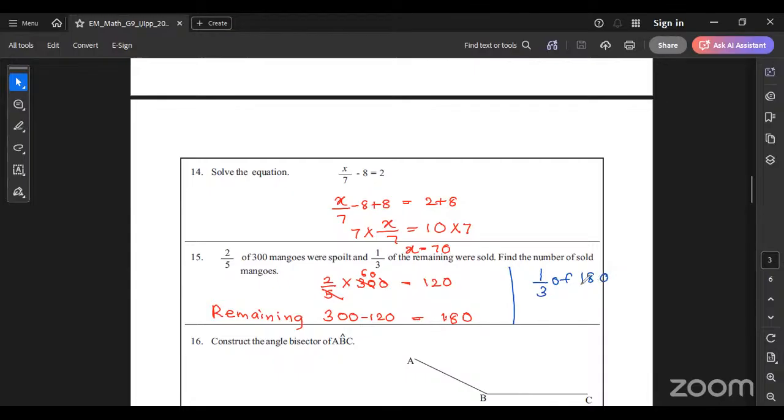The remaining were 180. Then 1 over 3 multiplied by 180. 3 times 6 and 0. 60 times 1, 60. That is the quantity of mangoes sold. This is the answer. Understood? Yes, sir.